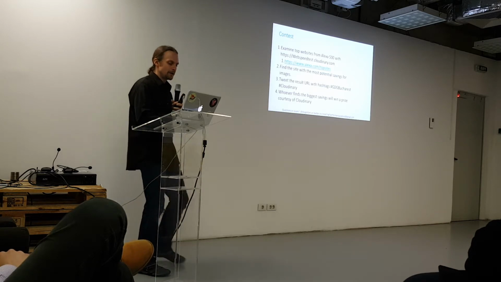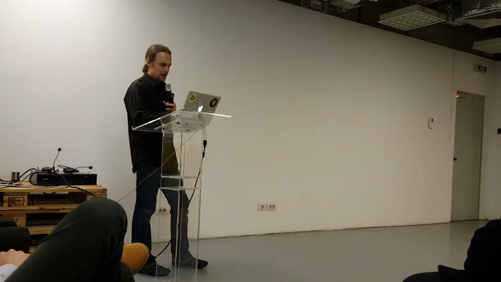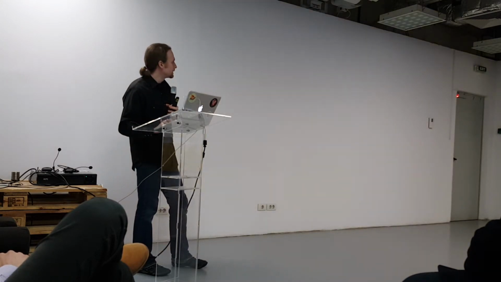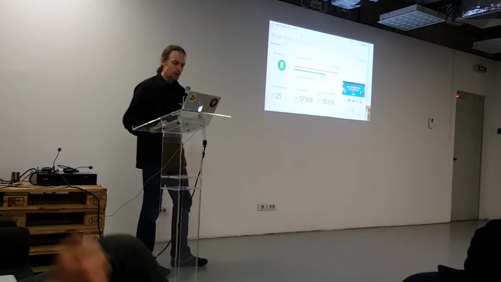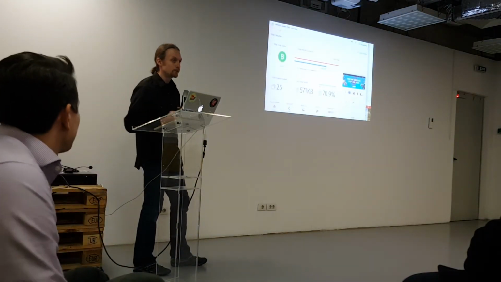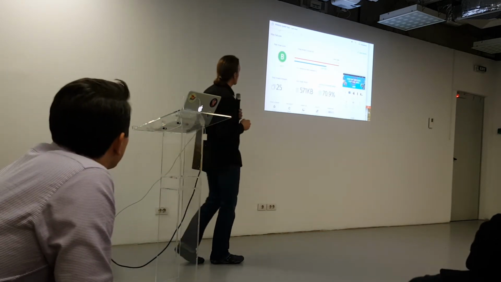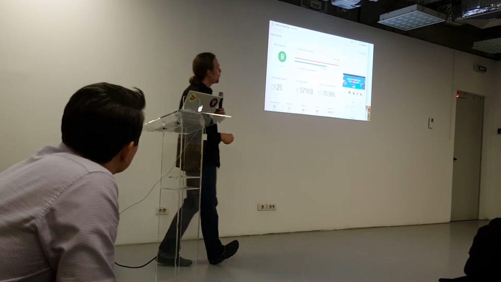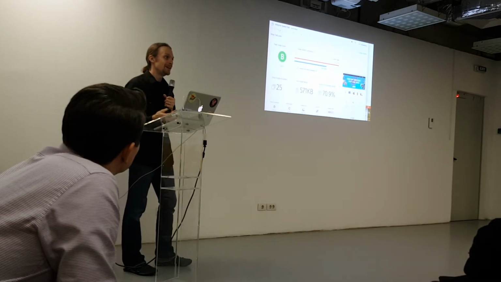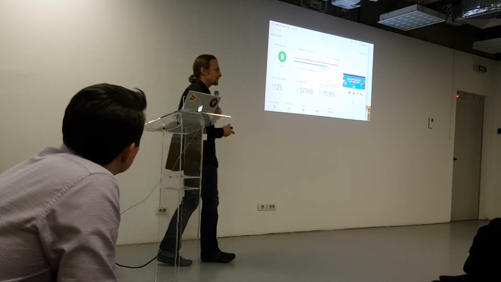I'll just show you what it looks like in Website Speed Test. I actually loaded this page before I got here, so it's already here. I tested my former employer's website, and what you see here is that there is about 29% potential savings in just resizing the images.